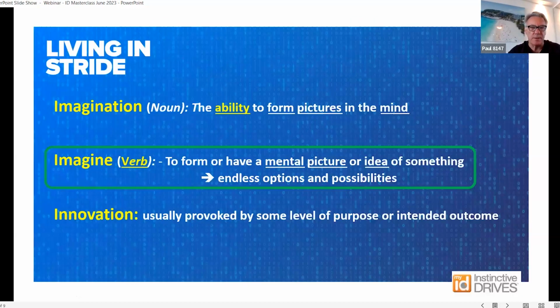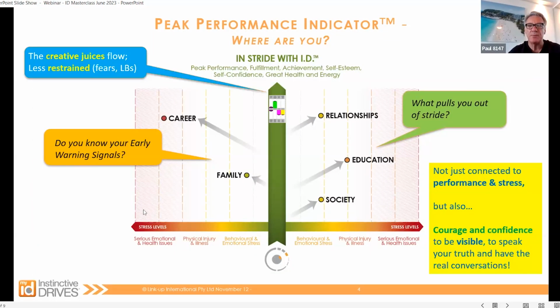One of the things I had here was this point that we made last week, that it's not just about being in stride so that we have less stress or our performance goes up, which is what we've always talked about with our peak performance scores. But it's this point in blue about when we're in stride and we talk about that sense of flow, it's also that our creative juices flow. And a lot of the things that might normally be a constraint don't seem to be as big a constraint. You just heard Krista say that with deadlines.